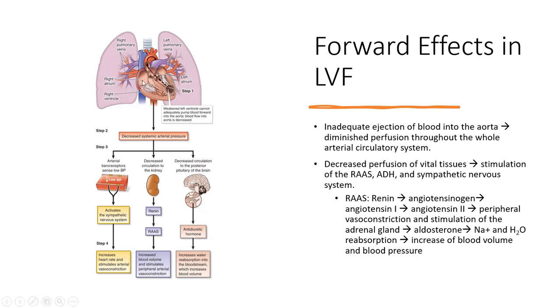So what's happening with this failure is we're not pushing out enough blood to our body, so the body thinks we don't have enough blood available. All these systems are basically going to fire off and tell us to hold on to fluid. This is why in really bad heart failure, we start telling the patients to restrict their fluid, because we're holding on to way too much fluid.